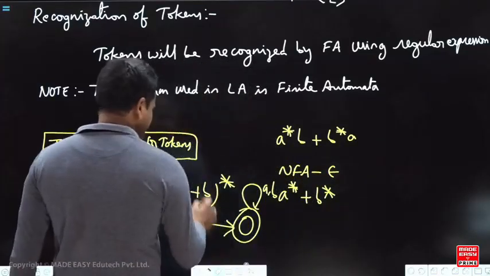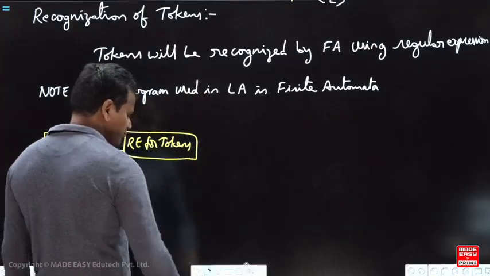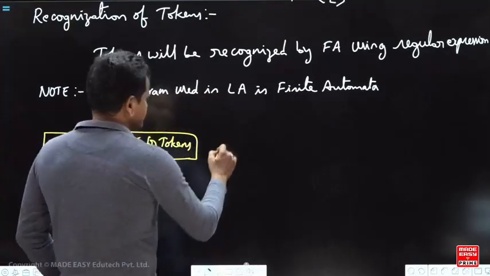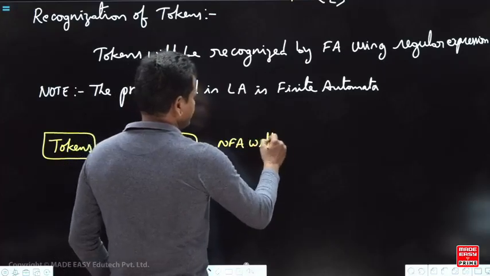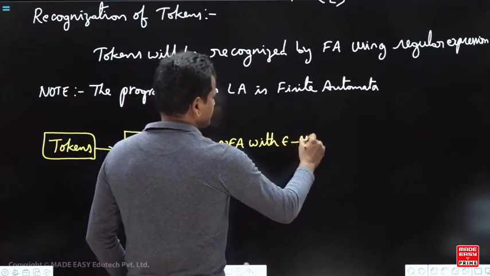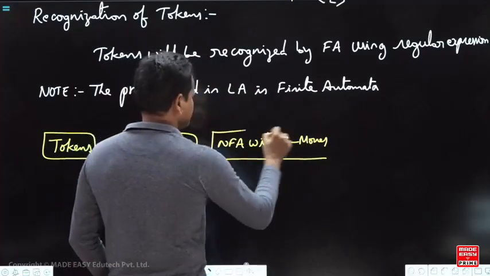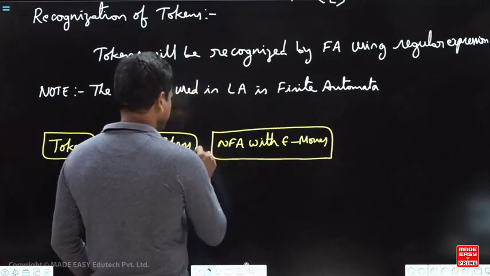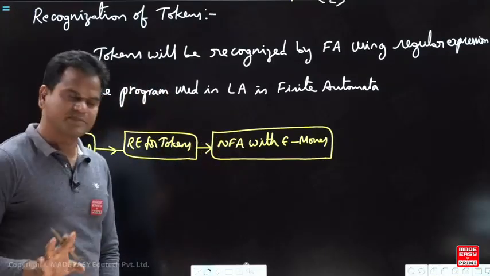So whatever the regular expression is given, even though it is more complicated, you can construct an NFA with epsilon moves.